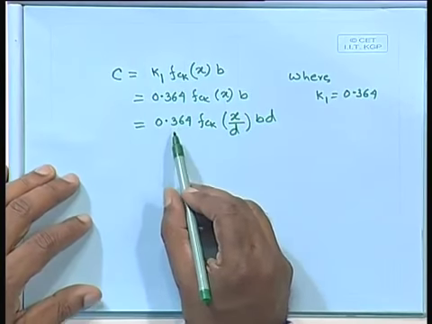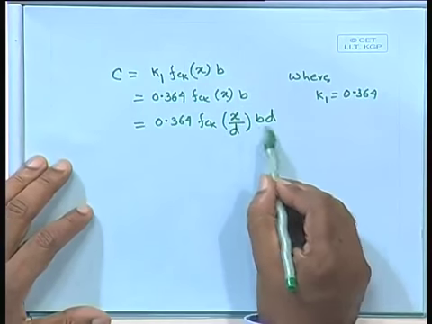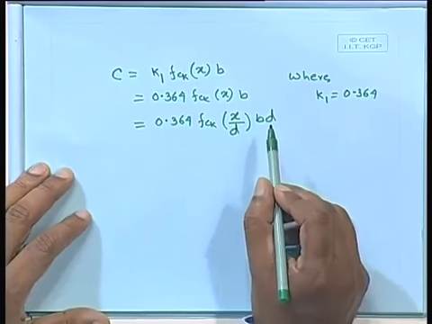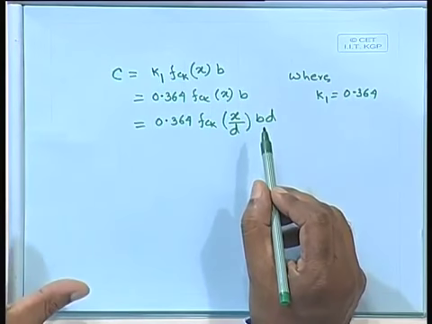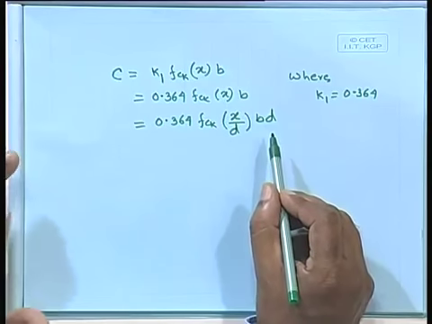So 0.364 fck x by d, multiplied by bd. bd is the cross sectional area. Please note we are taking d as the effective depth, not the overall depth. Always we shall take bd, that is the effective depth we shall take. For area of steel or percentage of steel, we shall consider Ast by bd, b width and d effective depth. Please note we shall always take d effective depth.